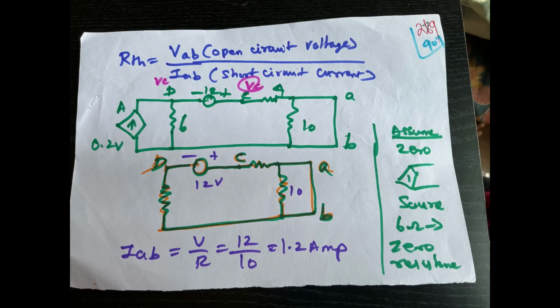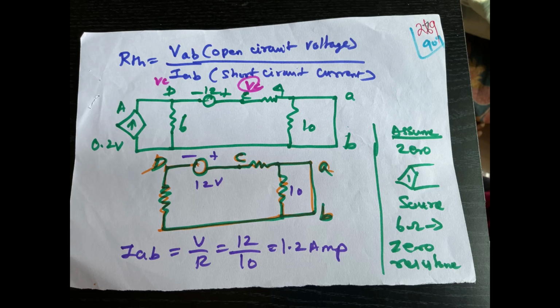One is the 12 volt supply circuit, one is the 10 ohm resistance considered, the 6 ohm is 0 resistance, and the 0.2 is 0 source. From this circuit, we obtain IAB. The short circuit current is 12 divided by 10, that is 1.2 ampere. The RTH formula is VAB, the open circuit voltage, divided by IAB, the short circuit current.